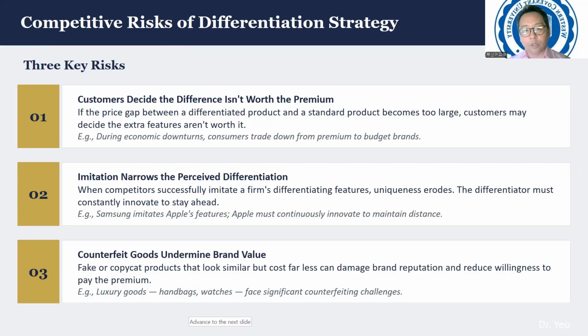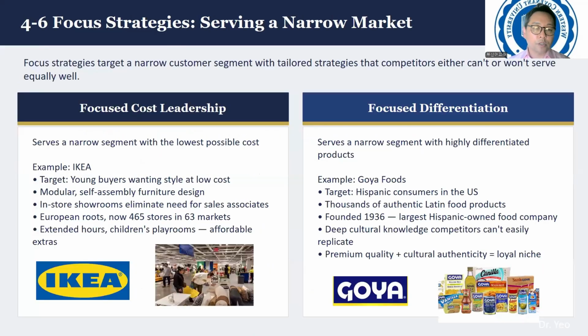Now let's move on to focus strategies. So think about it this way. Instead of competing across the entire industry, a focuser says, I'm going to be the best option for this one specific group of customers.